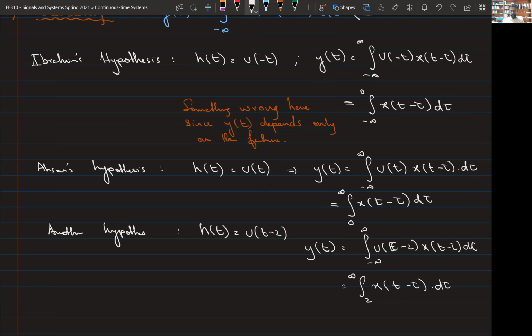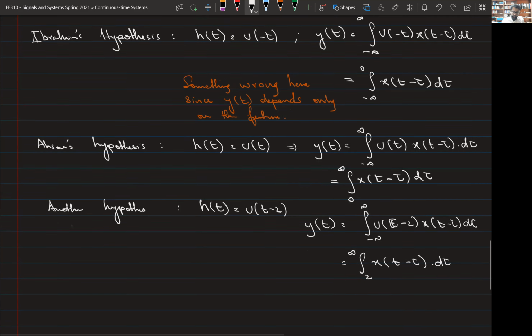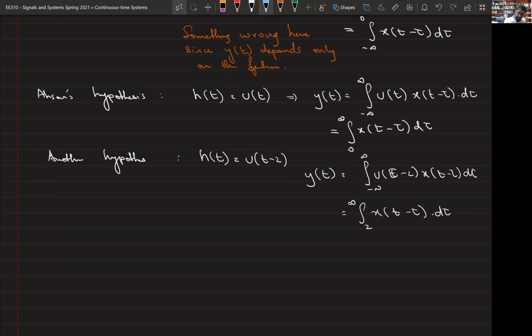Get the point? So if I think about this a little bit more, based on all of this hypothesis, what I can conclude here is that a system is causal if and only if h of t equals 0 for t less than 0.